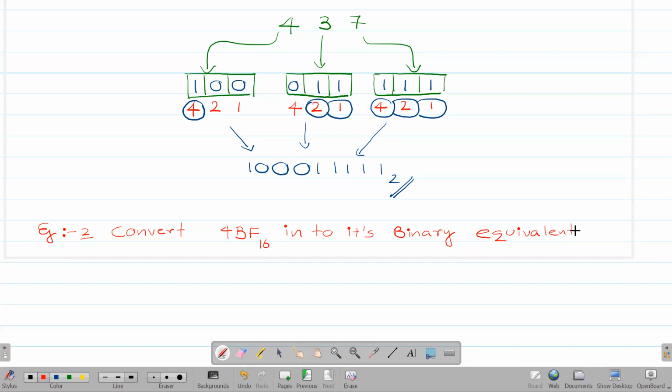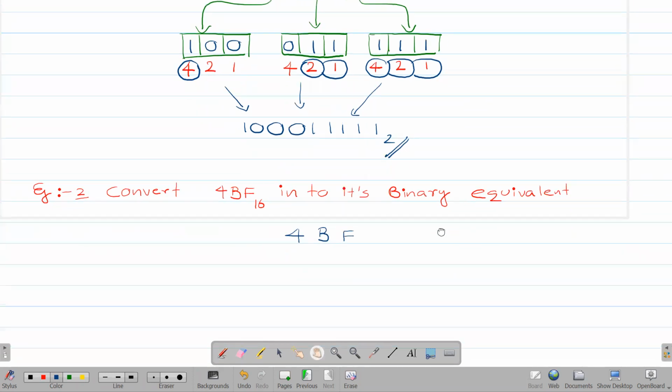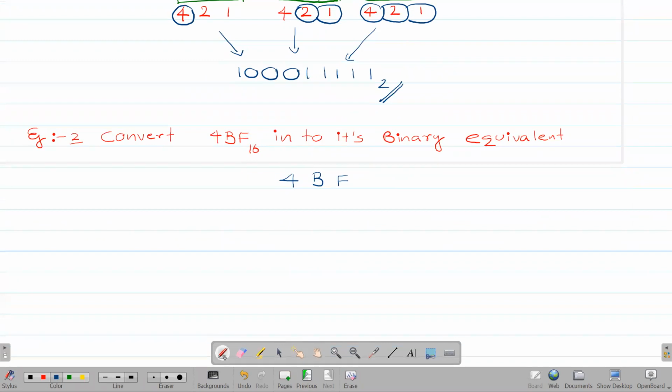Right. So for the hexadecimal, since 16 is the base of the hexadecimals, 16 equals 2 to the power 4. So what we have to do is take the hexadecimal value 4BF, and now we are going to write each and every symbol as a 4-bit value. Each and every symbol as a 4-bit value.